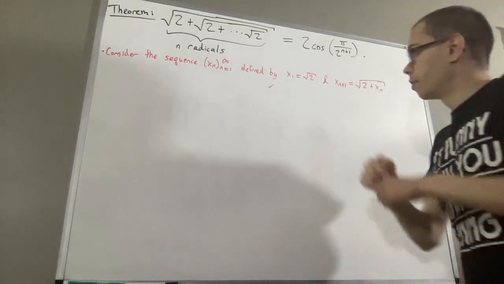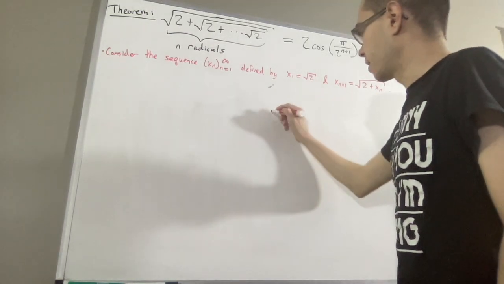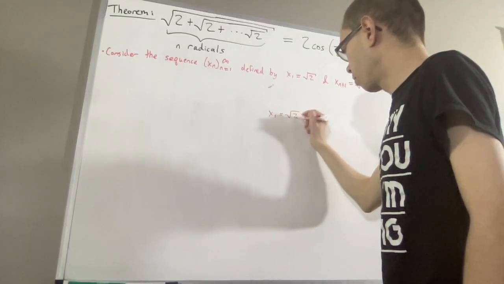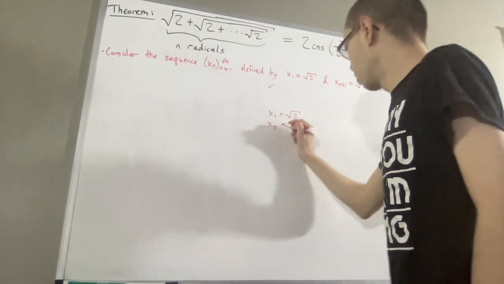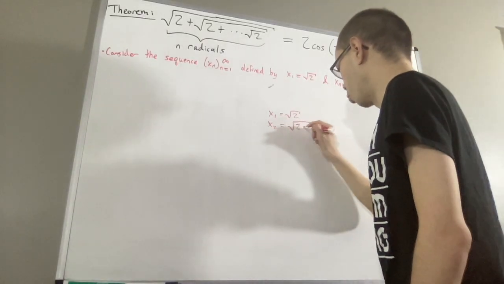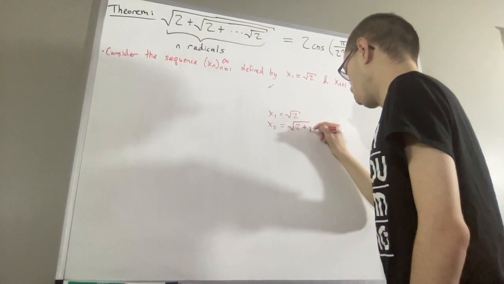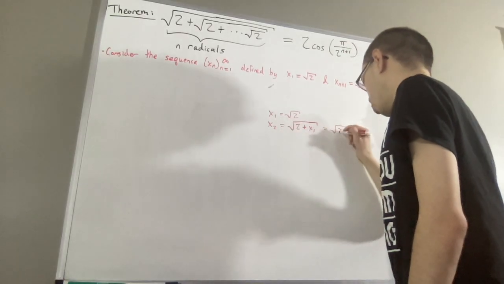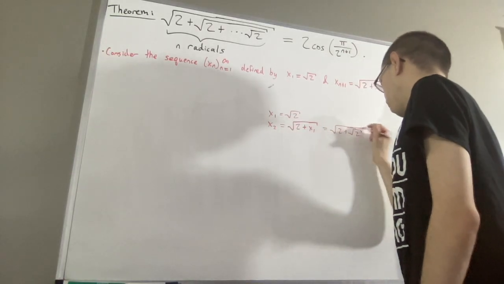Well then, notice, in that case, x_1 is the square root of 2, but then applying our recursive relationship, x_2 is just the square root of 2 plus x_1, which is equal to the square root of 2 plus the square root of 2.